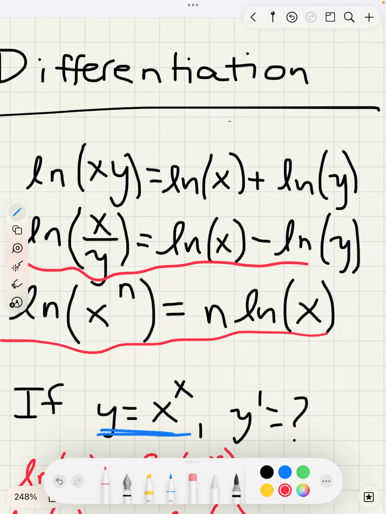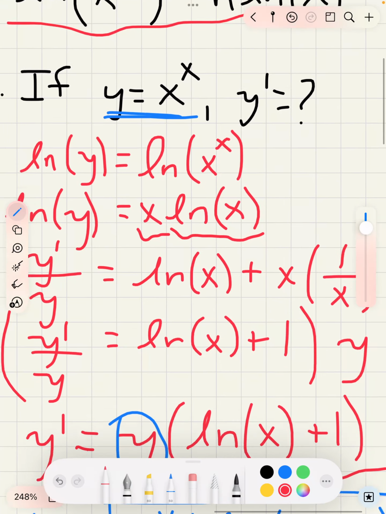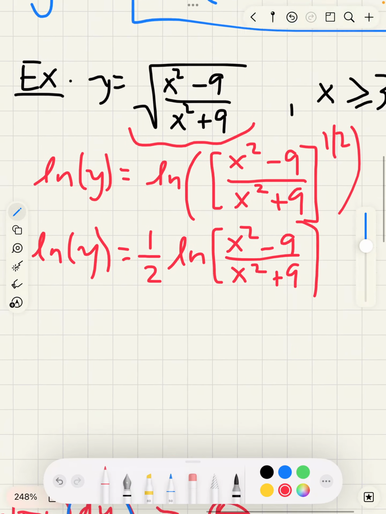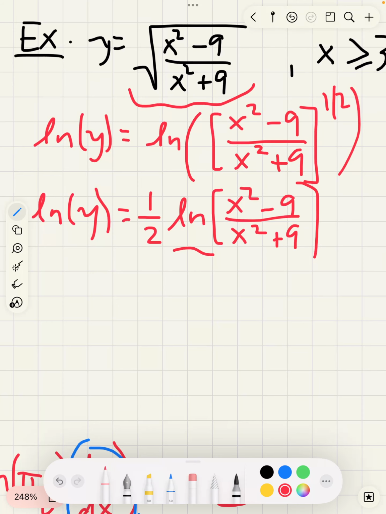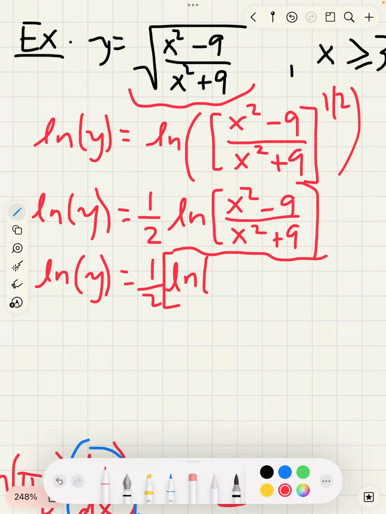So getting back to our problem, I could rewrite this piece right here as two natural logs that are separate from each other. Very important to put the brackets here. That way we remember that that coefficient applies to both logarithms.